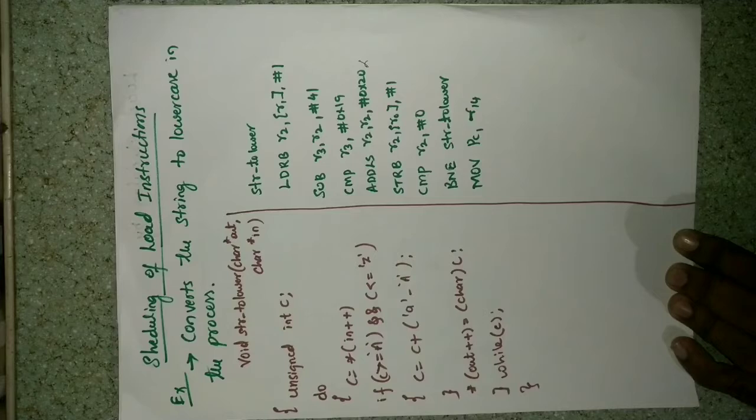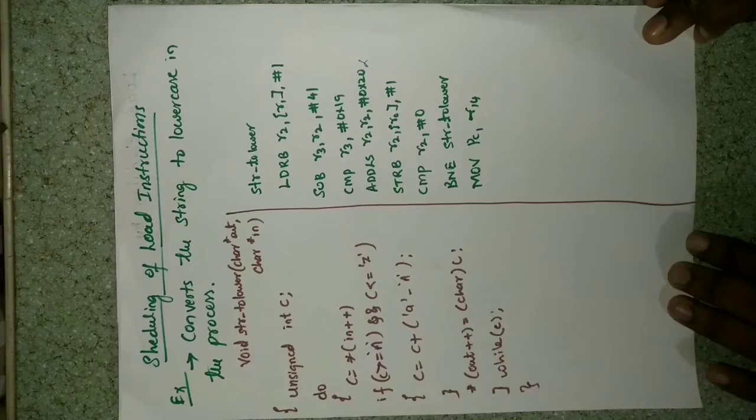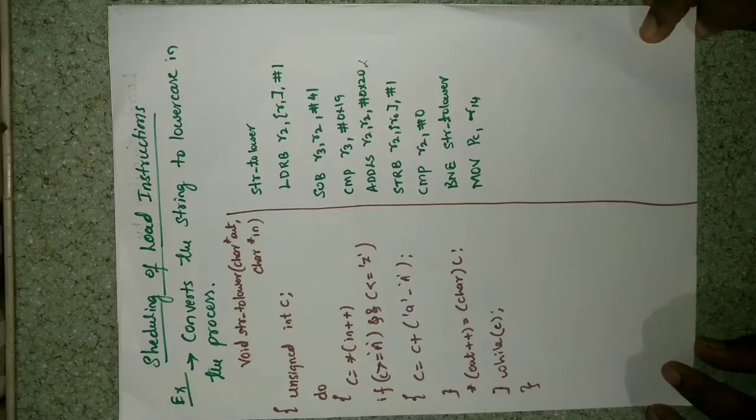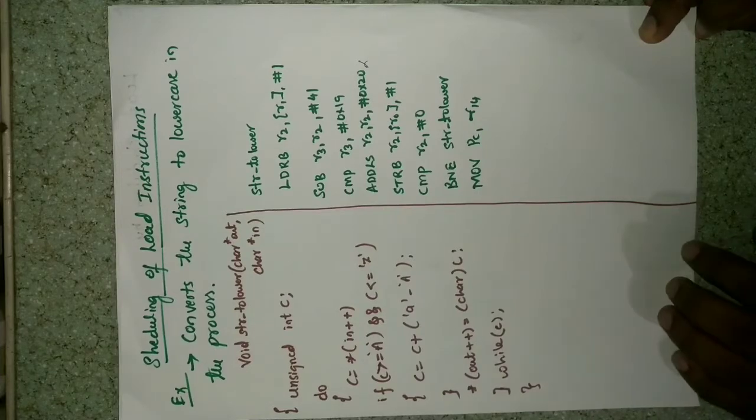You have to reduce this stalling or aliasing of the execution of the instruction in a pipeline. Okay, so here we will take one example and explain with the load instruction how the instructions will be scheduled.